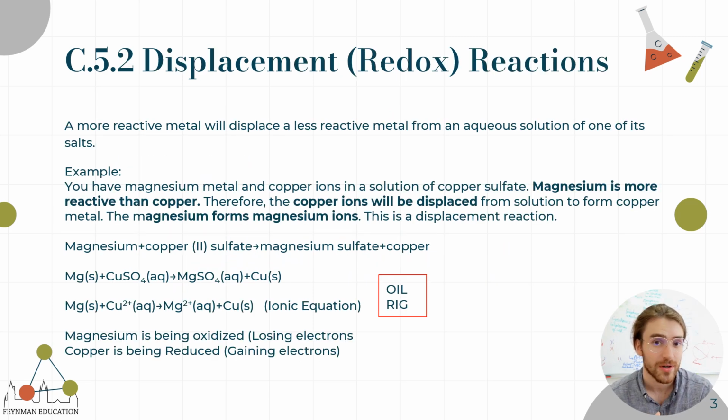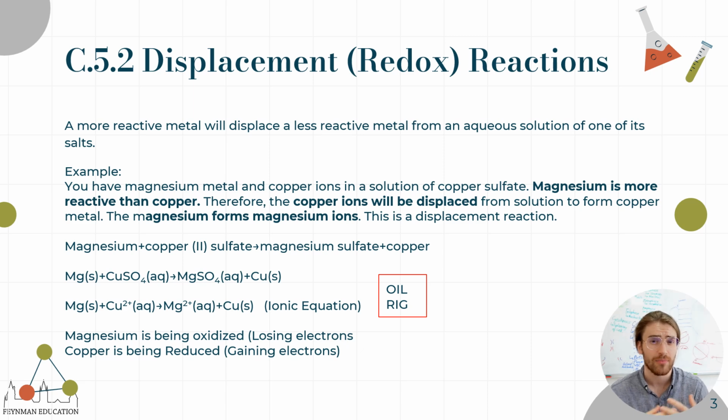One of the first ways we're going to look at how you're going to get metals from an oxidized state is by reacting them with a more reactive metal. Let's have an example here. If we have something like magnesium and copper ions in a solution of copper sulfate, and we are trying to extract copper from this ore, this copper sulfate, we can react it with something like magnesium.